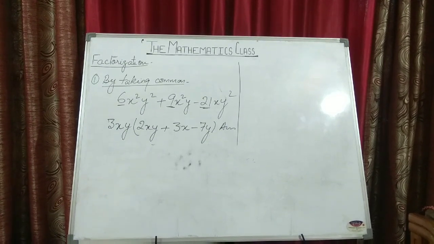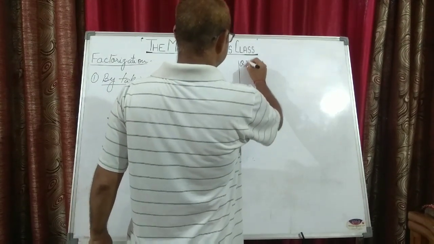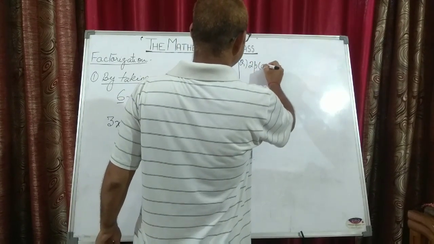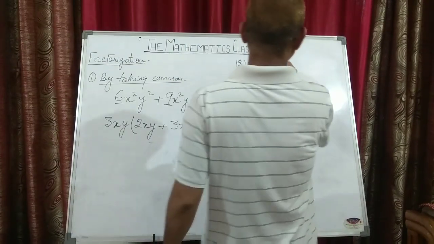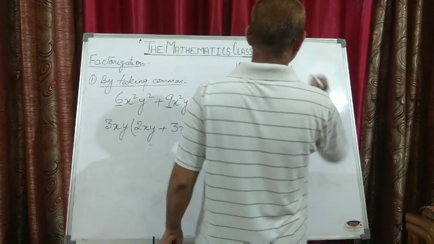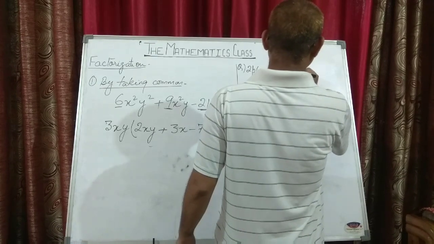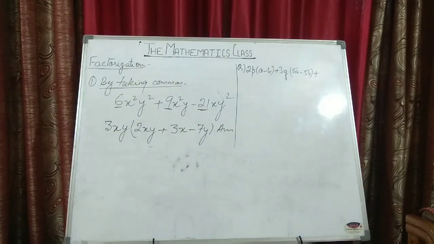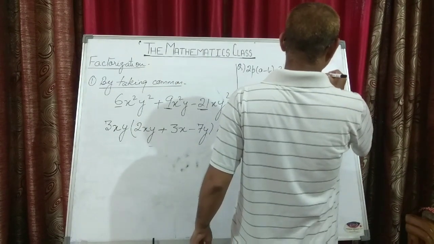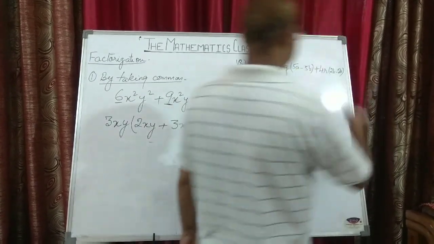Let's take, I am writing a question. 2p in bracket a minus b plus 3q in bracket 5a minus 5b plus 4r in bracket 2b minus 2a.